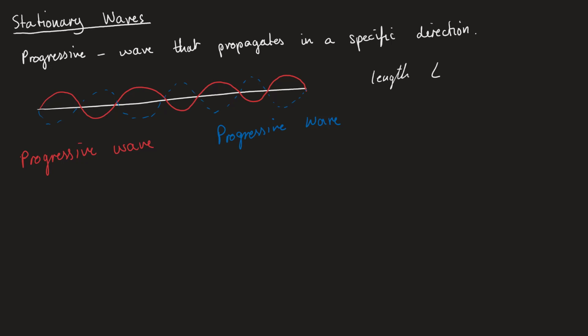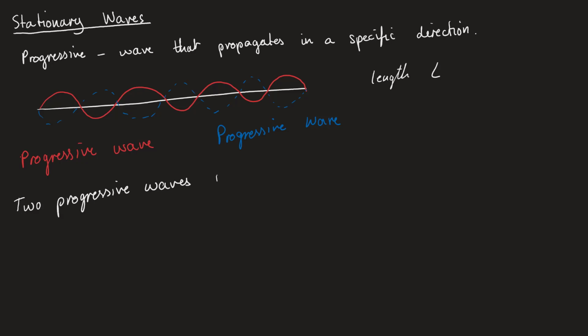So we have two progressive waves. It's important to mention at this point that they have to meet some conditions. In this case, they have to have the same frequency.